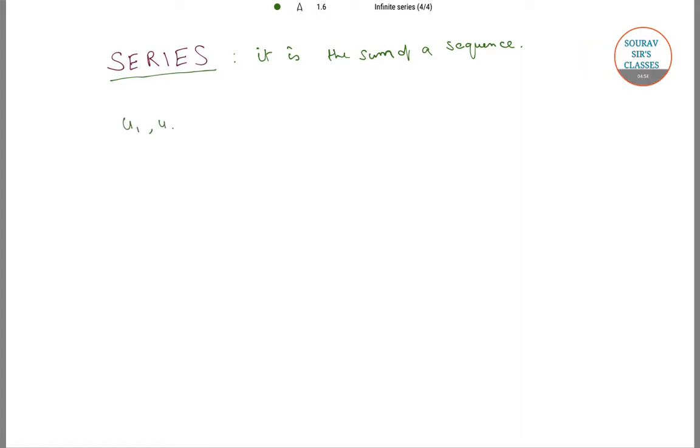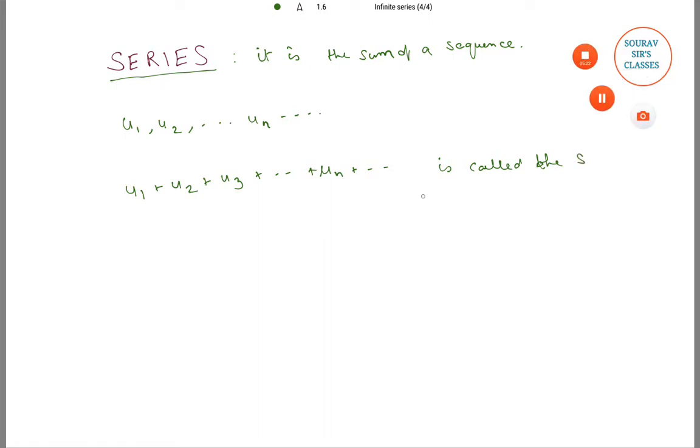Let u1, u2, so on till un be a sequence, then u1 plus u2 plus u3 plus so on un plus so on is called the series associated with the above sequence.